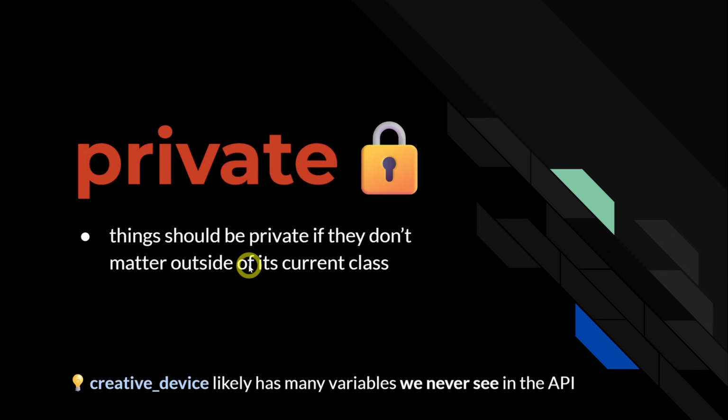So create advice likely has many variables that we never see in the API. Like I said, has onBegin run yet? There's probably a has onBegin run variable. We don't see that because it doesn't matter to us, because we're not the ones calling onBegin. It's somewhere else in the code base, right?